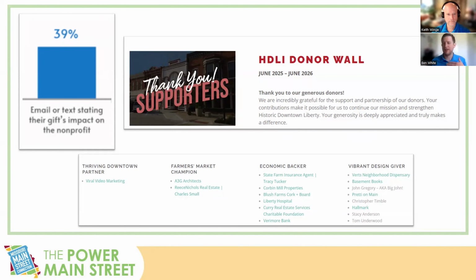Again, I'm always about that personalized acknowledgement, but if you at least send them a personalized email or a text and put in there, this is the impact that we had with this particular project. We were able to do so many flower beds. We were able to do so and so with the money that you gave to the organization. That can go a long way.